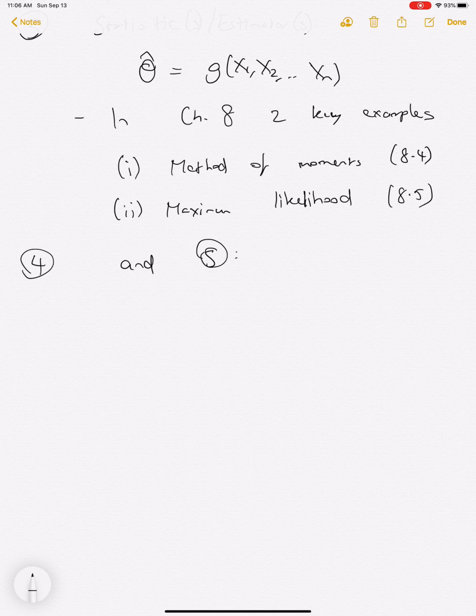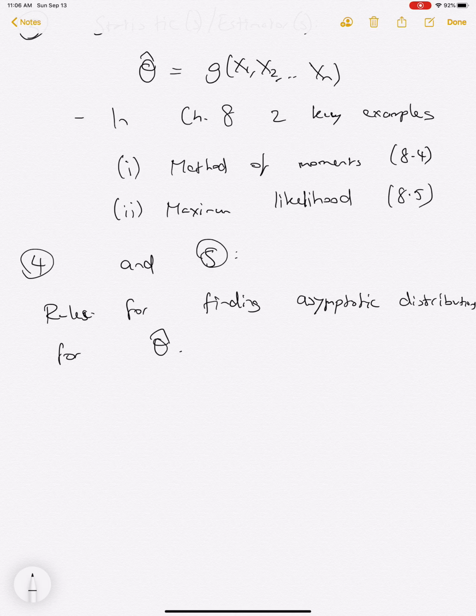So we're going to develop some rules for finding asymptotic distributions for theta hat.